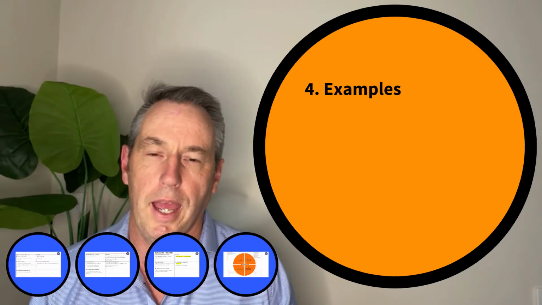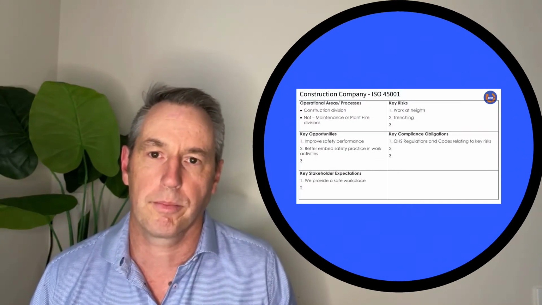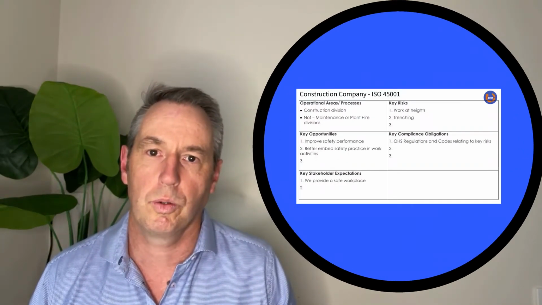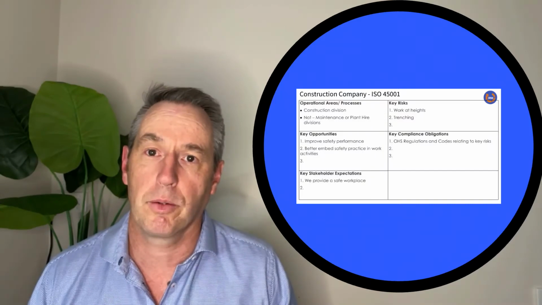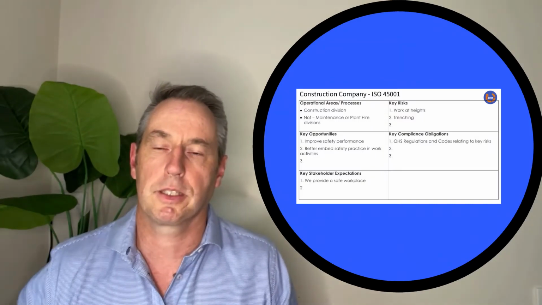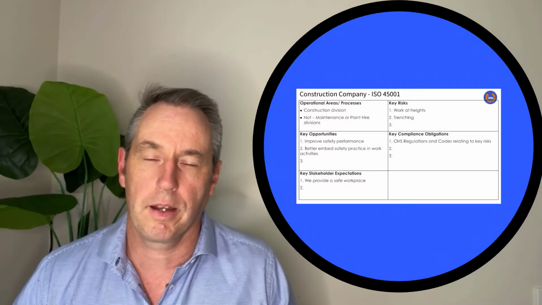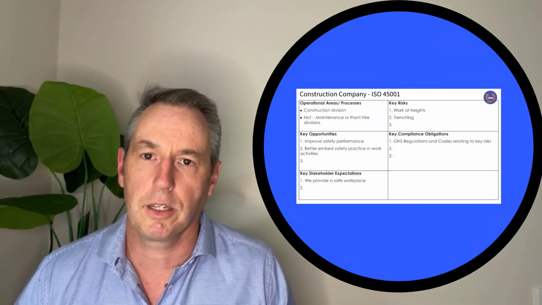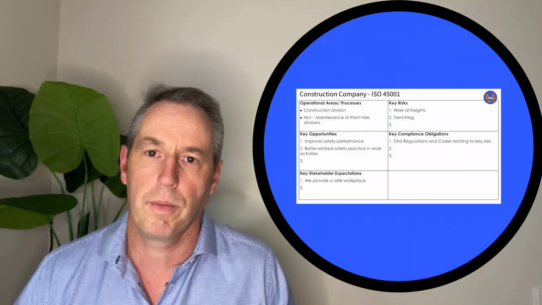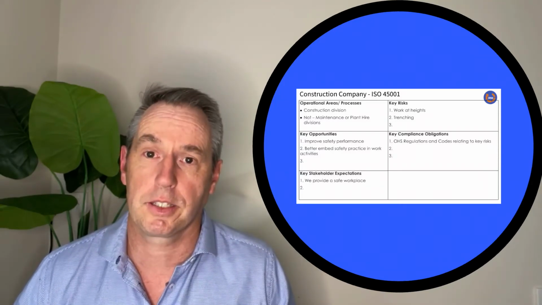First of all, let's have a look at an example of a construction business aiming to meet the requirements of ISO 45001, the ISO safety management system standard. The different boxes there, that first one is about starting to get you thinking about the scope of your management system, which we will be covering in our very next webinar.